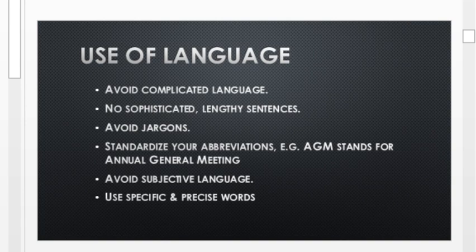And then in writing a report, one also has to remember the use of language. So writing a report, it cannot be complicated language, because sometimes the report has to be read by the public.